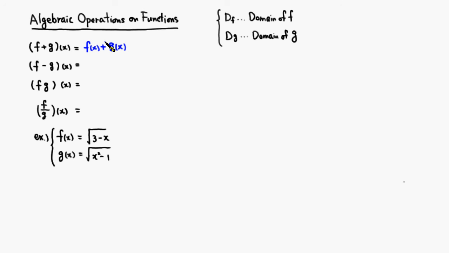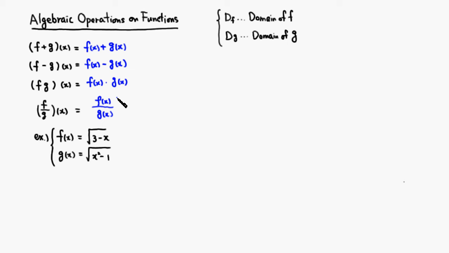And f minus g obviously means f of x minus g of x. fg of x is f of x times g of x. And f over g of x is f of x over g of x. Very natural.